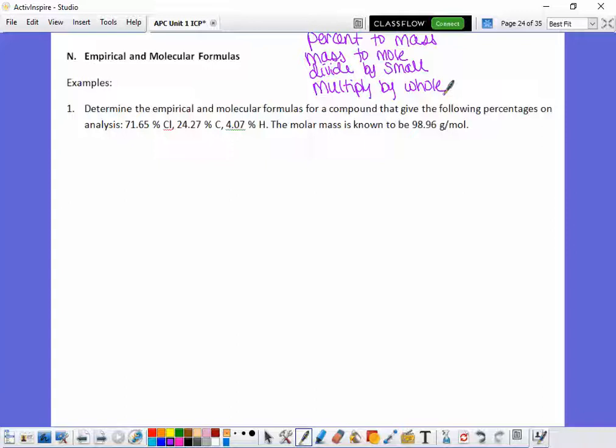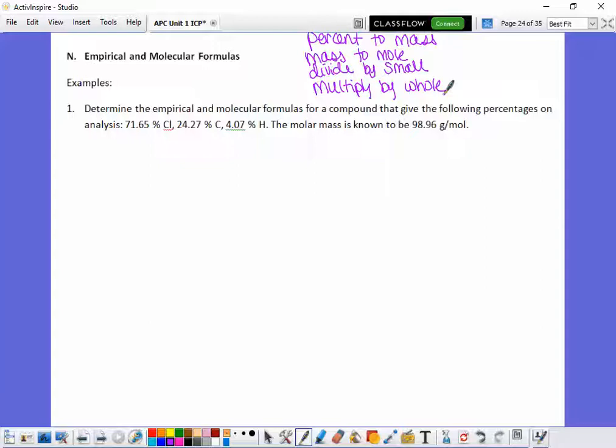So, percent to mass. Whatever your percentages are, you just say that those are the grams. If we assume that we have 100 grams of this compound, then we would have 71.65 grams of chlorine and 24.27 grams of carbon and 4.07 grams of hydrogen. So you just make the percentages grams.